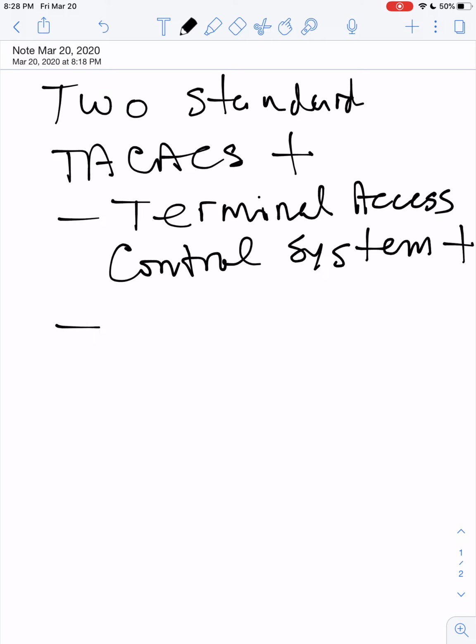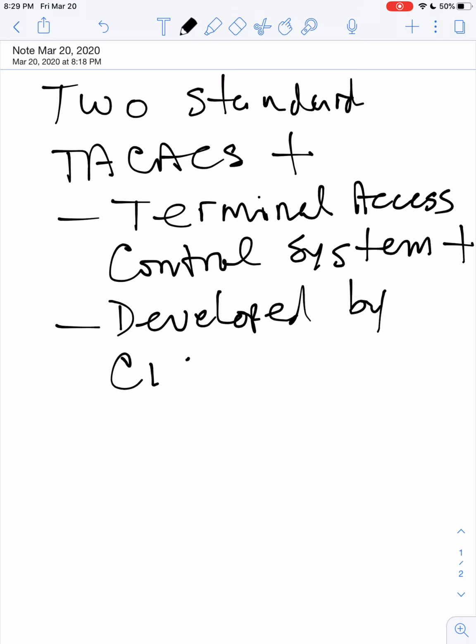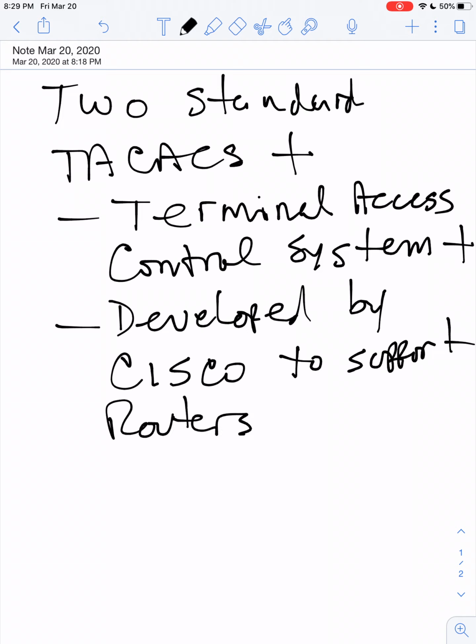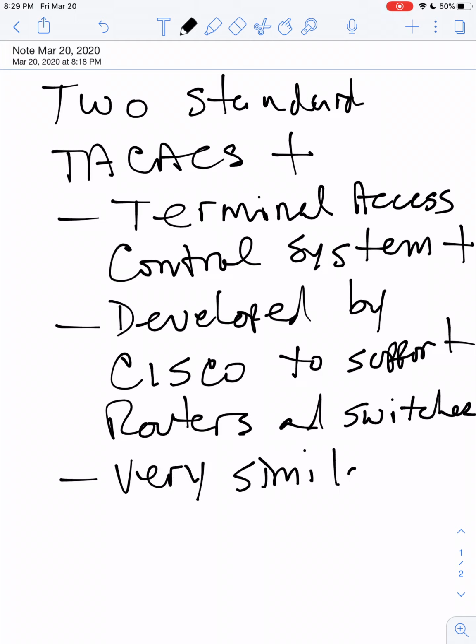It was developed by Cisco to support routers and switches, and it's very similar to Radius.